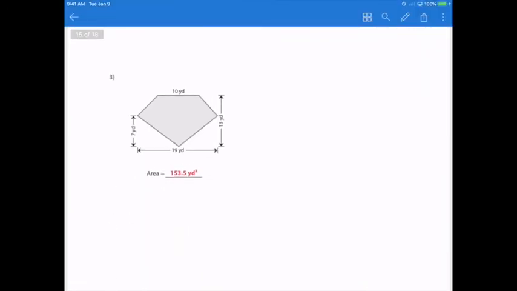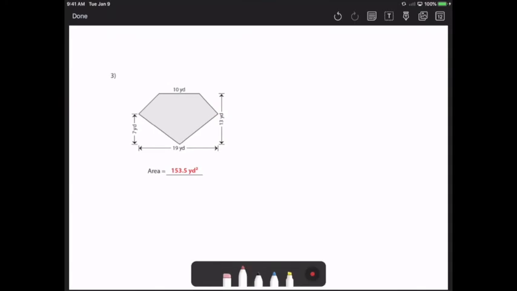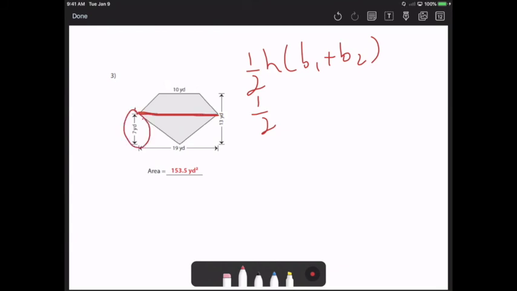Okay, so for this one, here's what I did. Let's draw a line here. So we have a trapezoid. So trapezoid is 1/2 the height times b1 plus b2. The height for this, if you look at it, this says 7 for the triangle.